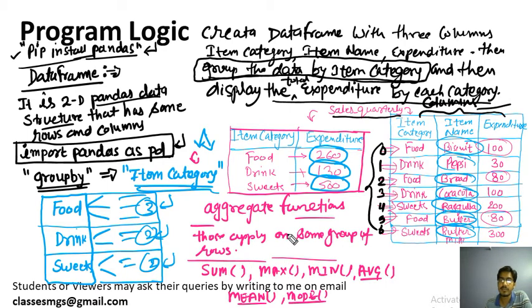We want the sum of the expenditures of each category. Let's suppose the food category has 3 items, I want the sum of the expenditure of the 3 items, so I will apply the sum aggregate function.